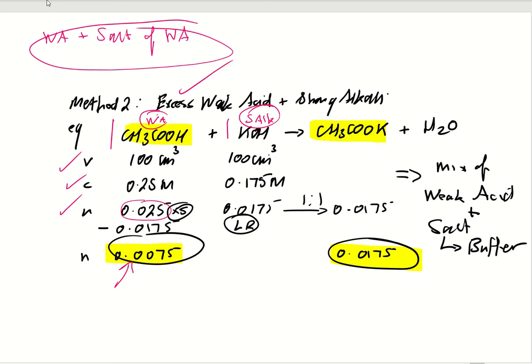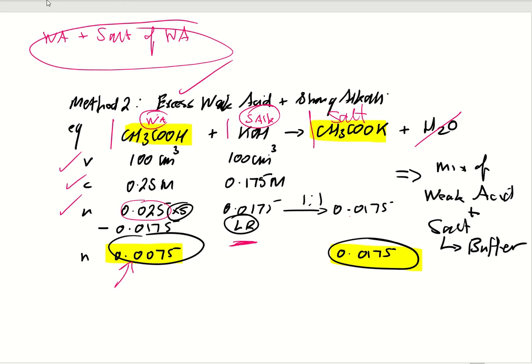Now when an acid and an alkali react, they of course make salt plus water. Water is not so important here, but the salt is 0.0175 moles of it, because again this is my limiting reactant, my potassium hydroxide. For every mole of potassium hydroxide I can make a maximum of 1 mole of the salt.